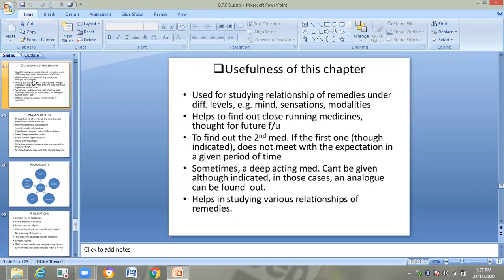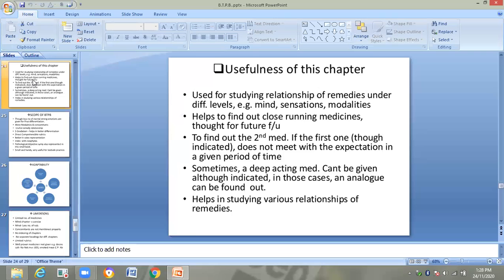It helps to find close running medicines for future follow-ups, to find out the second medicine if the first one, though indicated, doesn't meet the expectation in a given period of time.